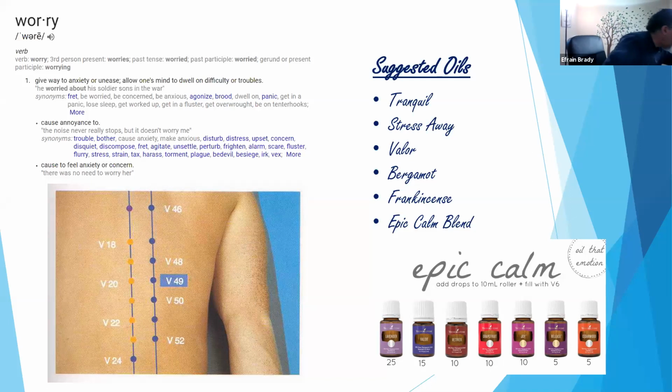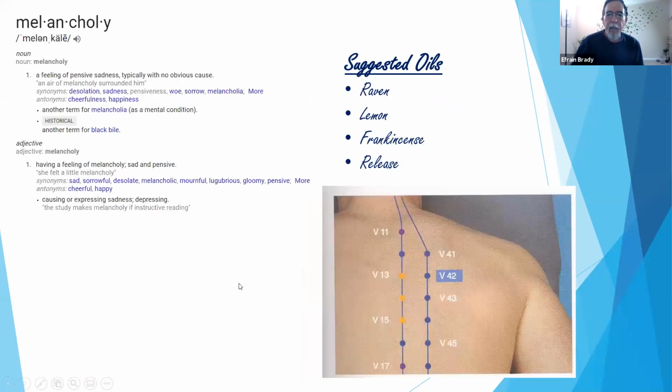For example, I think that is the one that we are going to see next. Yeah, this one, that is the V42. This is another one that we can reach. So I locate my spine, I place my hand, my pinky is touching the external part of the spine here.